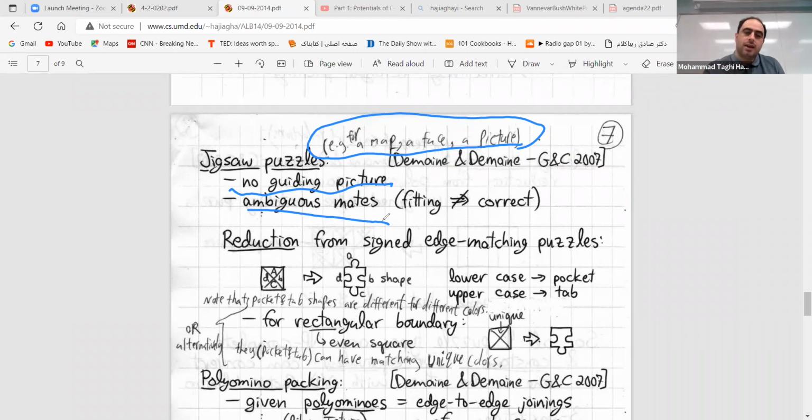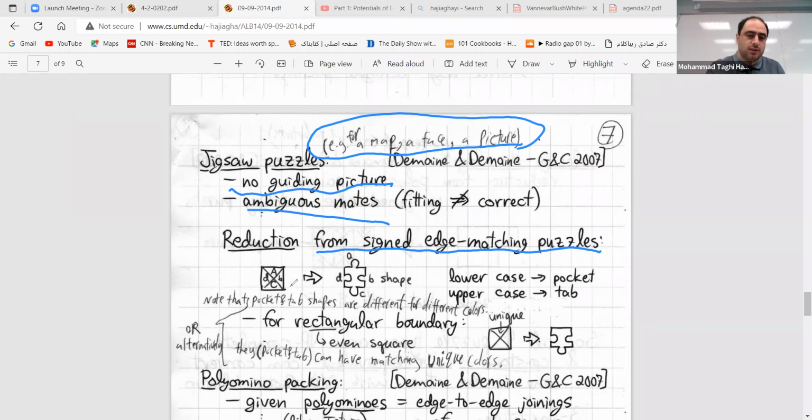Good. Now, let's solve the problem from the signed edge matching problem. So we are creating these things, as I mentioned, from tripartition to rectangle packing, then to the unsigned edge matching puzzle, then the signed edge matching puzzle, and now we are talking about the jigsaw puzzle. Good.